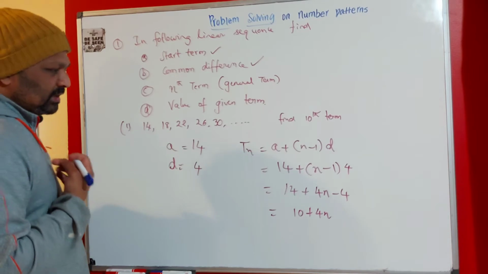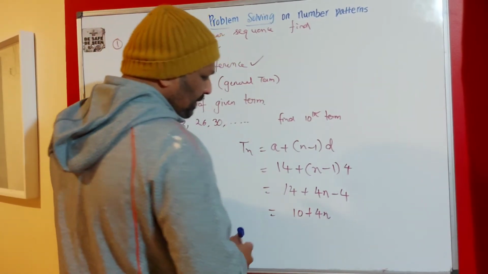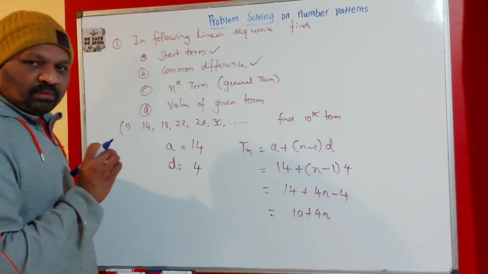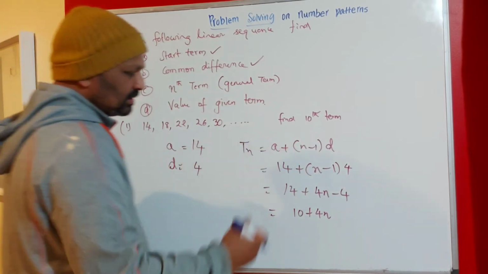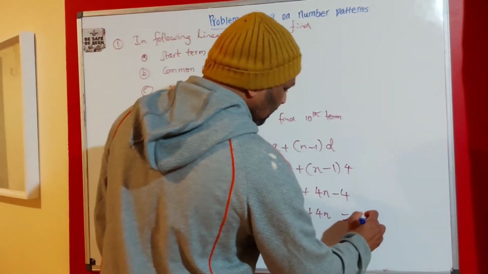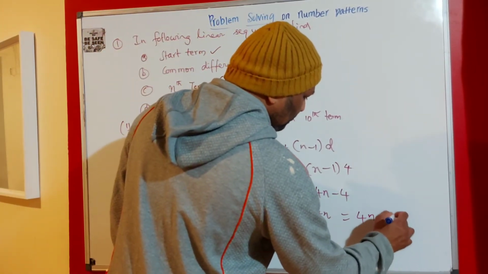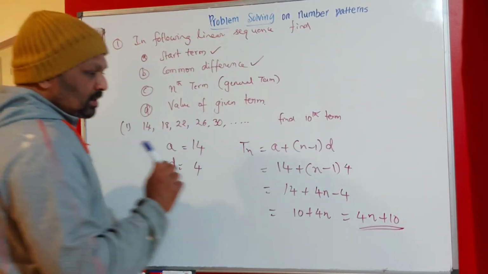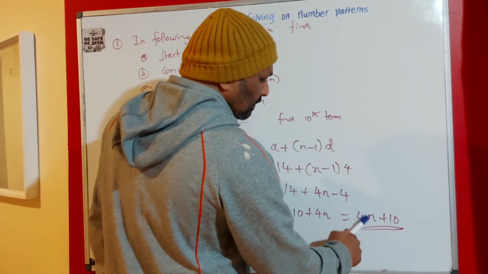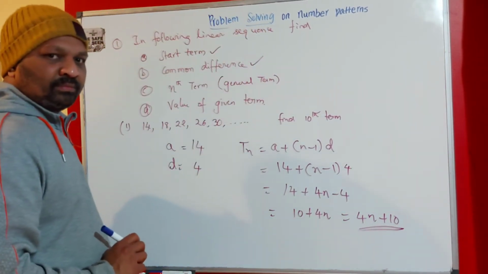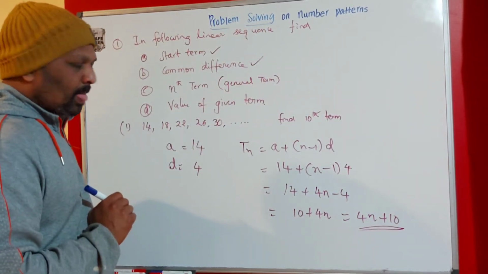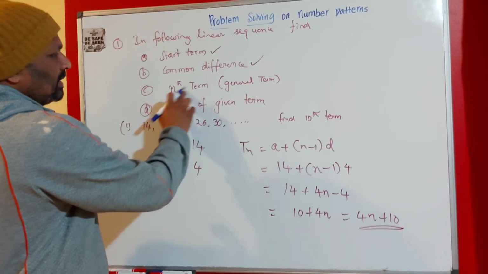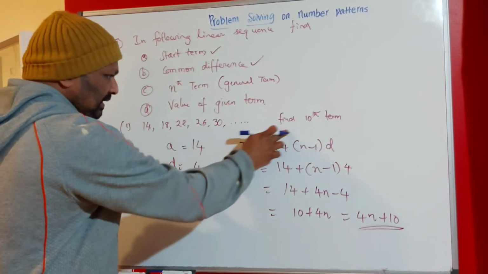Okay, usually in any algebraic expression we keep the term that has the variable in it first, and then a constant, which can also be written as 4n plus 10. This is the general term for this series. This only has one unknown variable, that is n. That's how you have to write a general term for a given series.